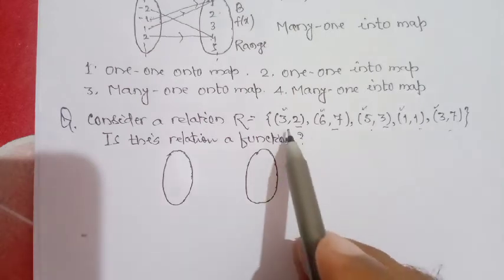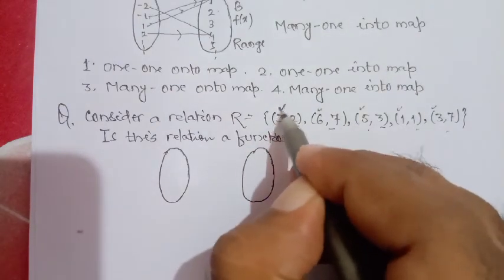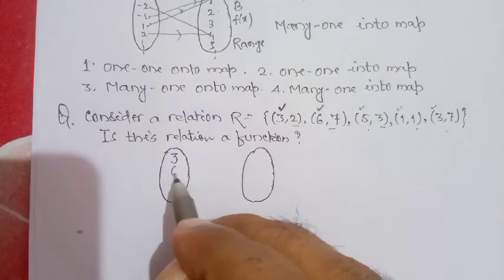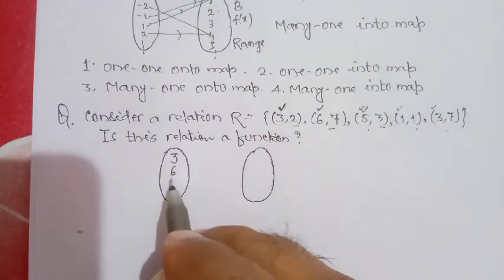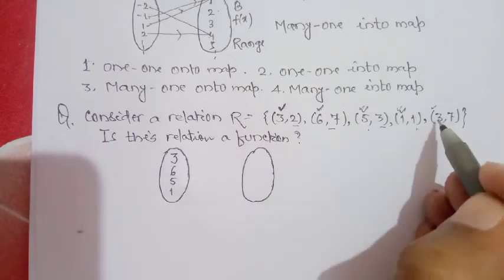So first write the elements of domain, that is 3, 6, 5, 1, 3.